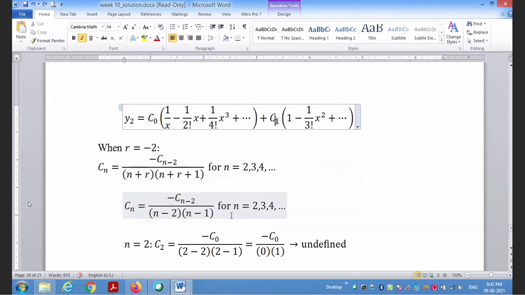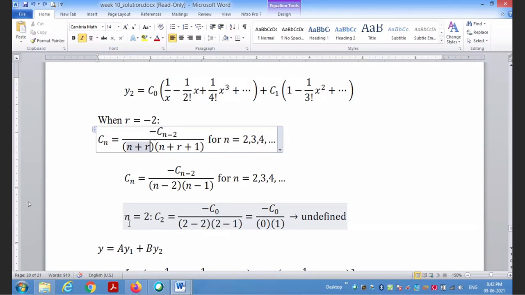Now when r equal to minus 2, we replace this r with minus 2. So we have n minus 2, and n minus 2 plus 1 gives n minus 1, for n equal to 2, 3, and so on.